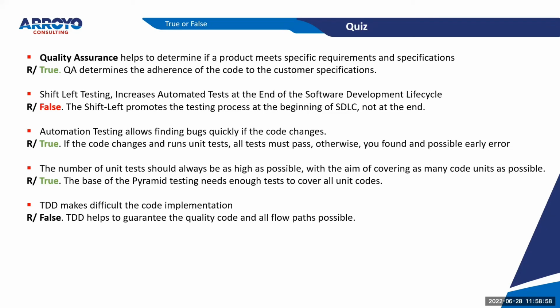Remember, try to use TDD not only for programming. You can use TDD with your code, but please don't miss any secondary flows. So the idea is not only the happy path, the main flow must be covered.